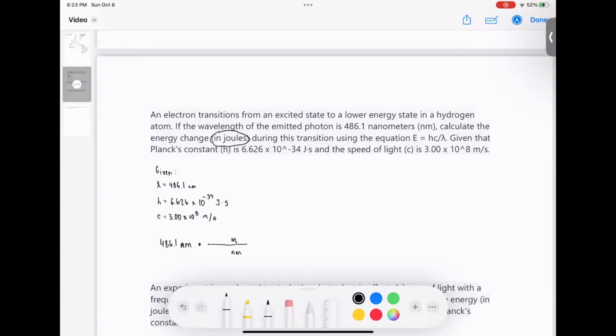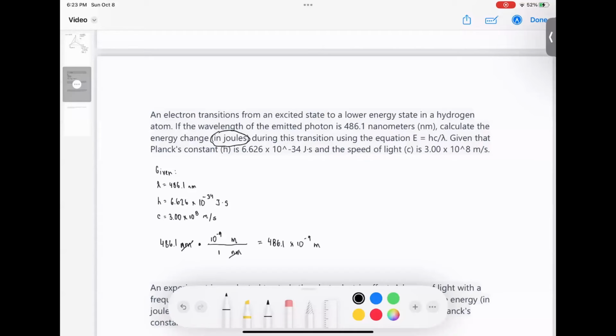We know that 1 nanometer is 10 to the negative 9 meters. So we go ahead and cancel, and we get 486.1 times 10 to the negative 9 meters.